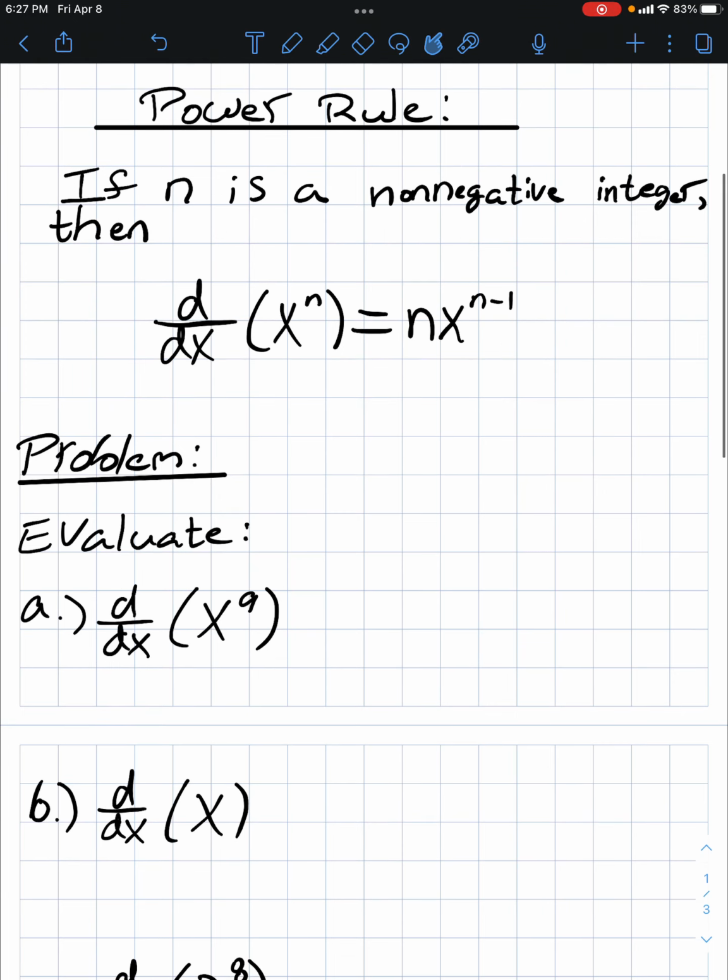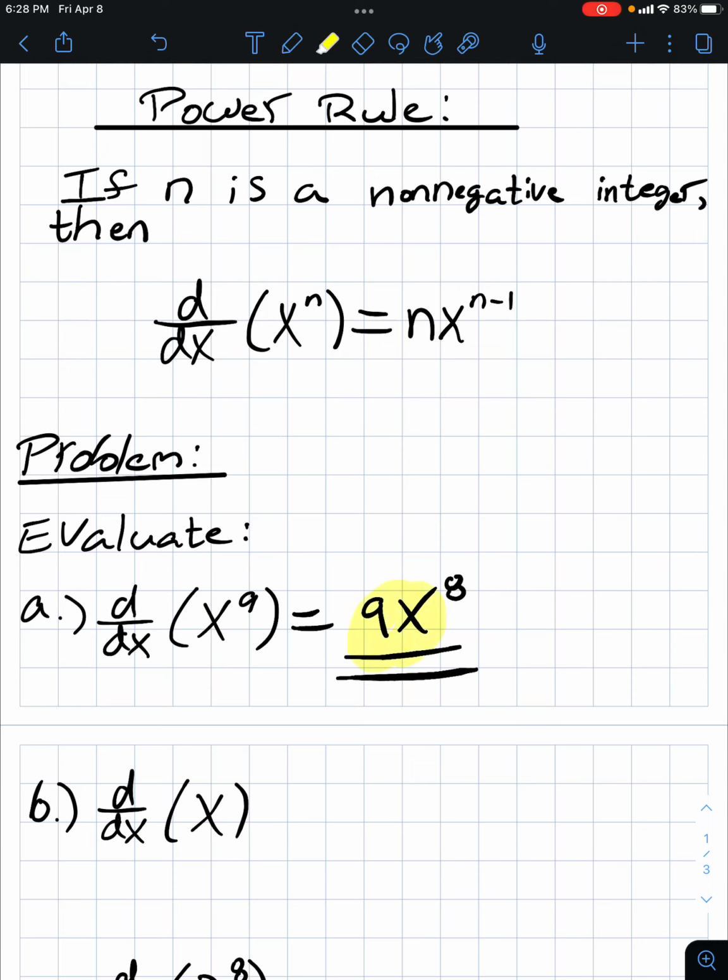If we apply the power rule to x to the 9th, we get 9, or n, times x, and then n minus 1, or 9 minus 1, is 8. And this is the solution for part A. The derivative of x to the 9th is 9x to the 8th.